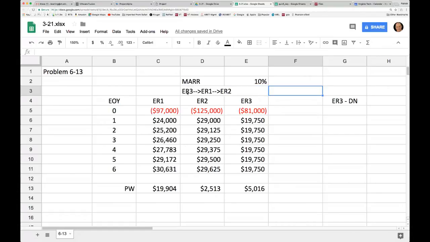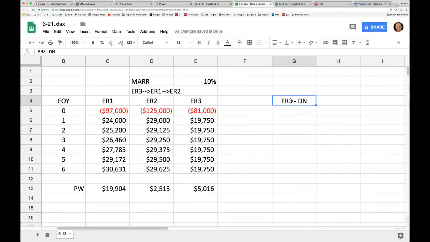The first thing we need to do is make sure that ER3 is acceptable, that it actually meets the requirements, that it satisfies being an acceptable alternative.